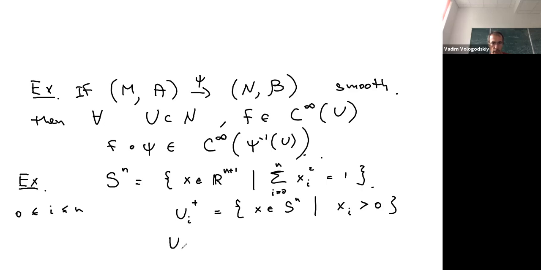And similarly, Ui minus is the set of vectors where xi is less than 0.